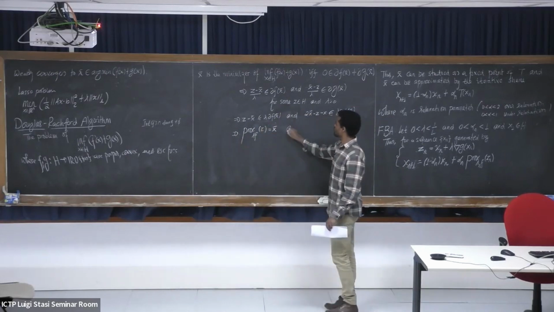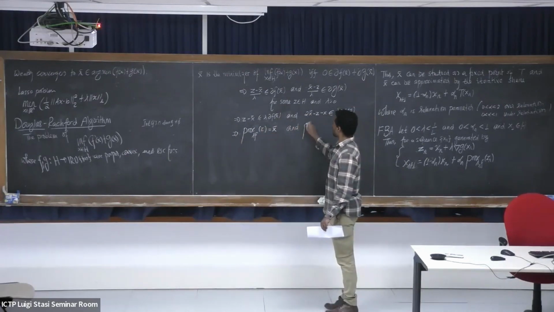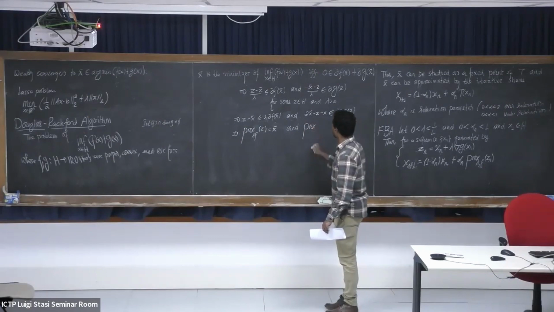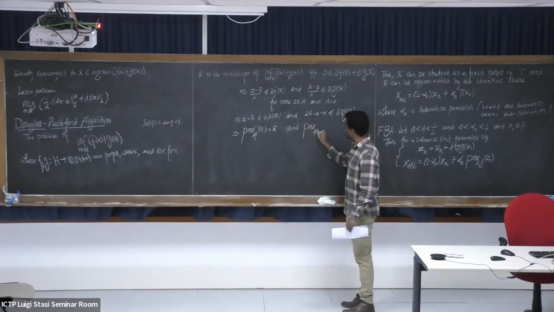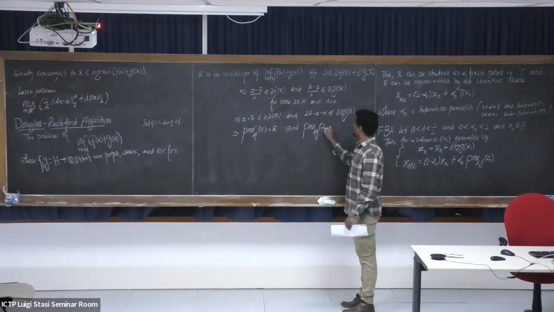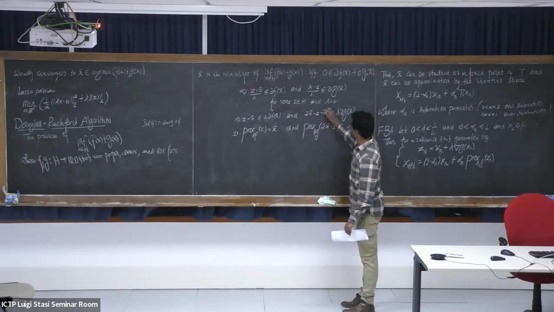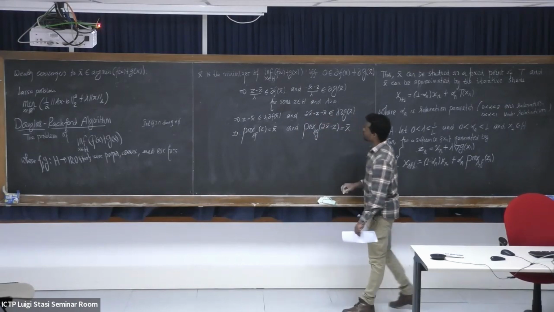We have this, and the proximal of lambda g of x bar minus z is equal to, this is x bar, sorry, x bar.